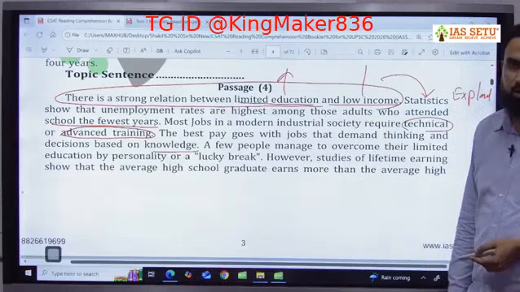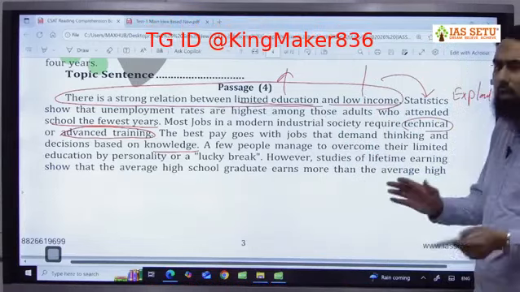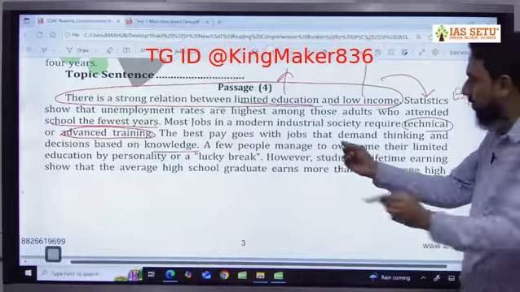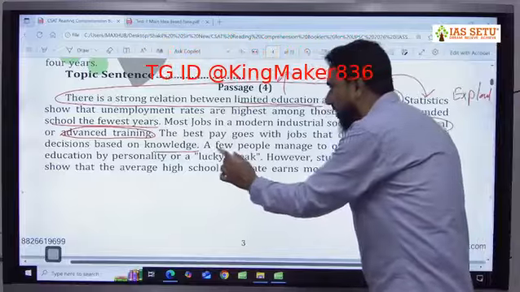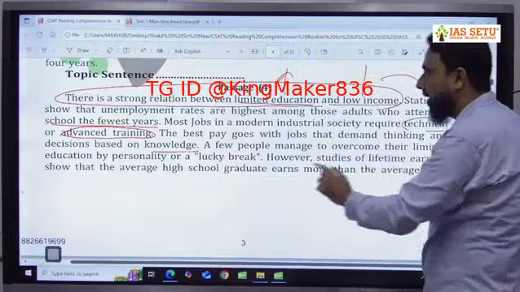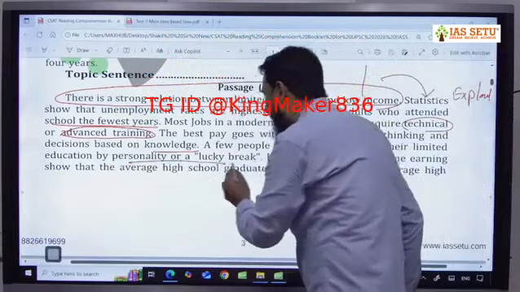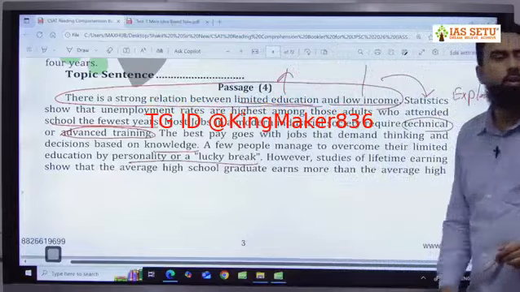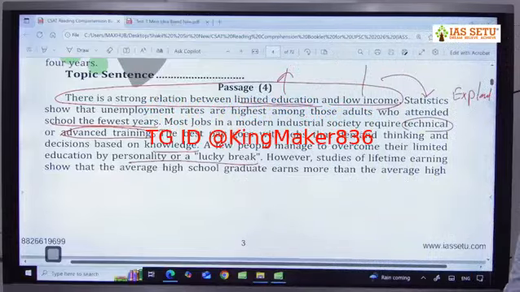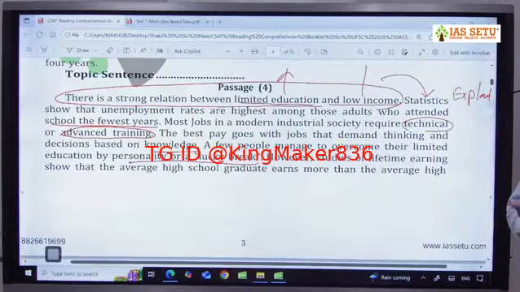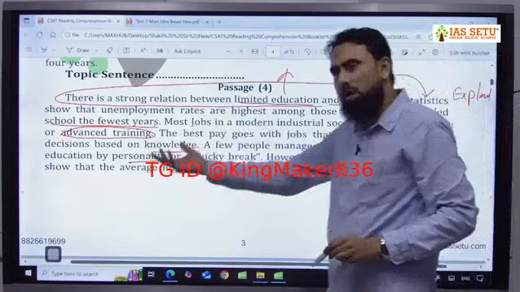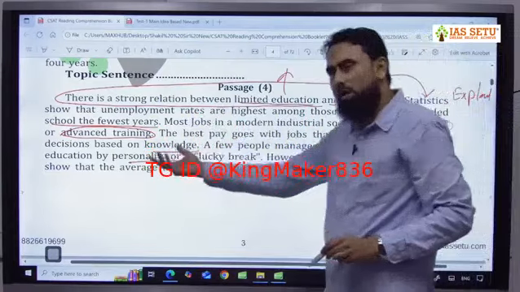Got it? He has also digressed after a few lines, so let me complete this para. He says a few people manage to overcome their limited education by personality or a lucky break. There could be some exceptional cases. A person is not highly educated, yet because of his personality or his lucky break. Can you cite any manifestation of this lucky break?